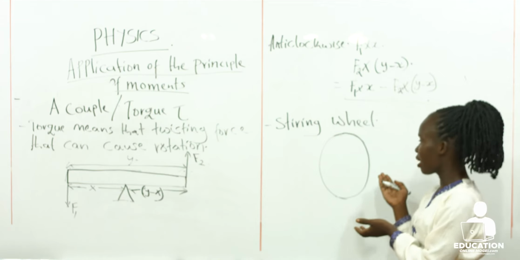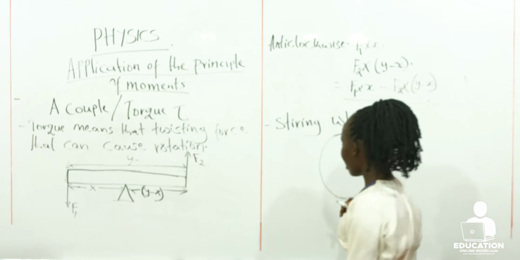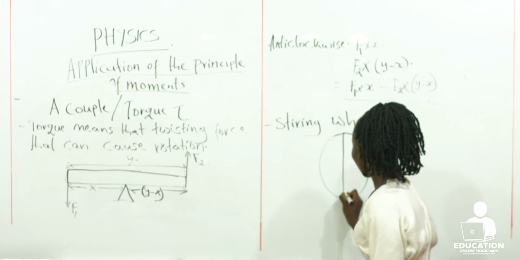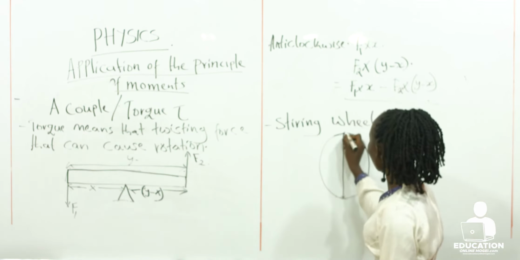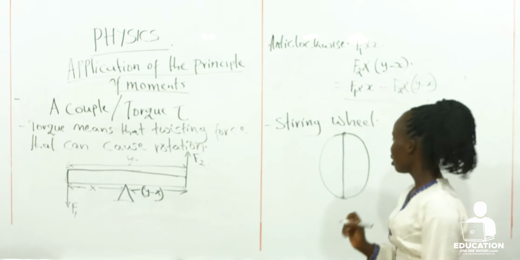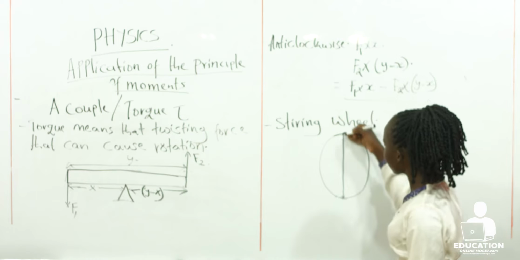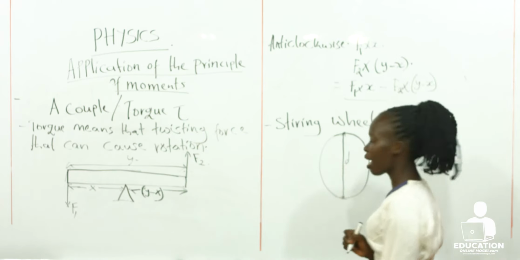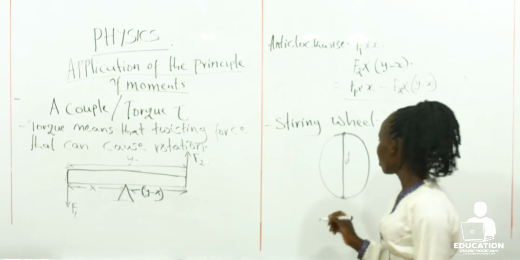What really happens there? You see that our steering wheel has this distance from that part up to down. It doesn't matter. What is this distance here? It becomes the diameter of the steering wheel.